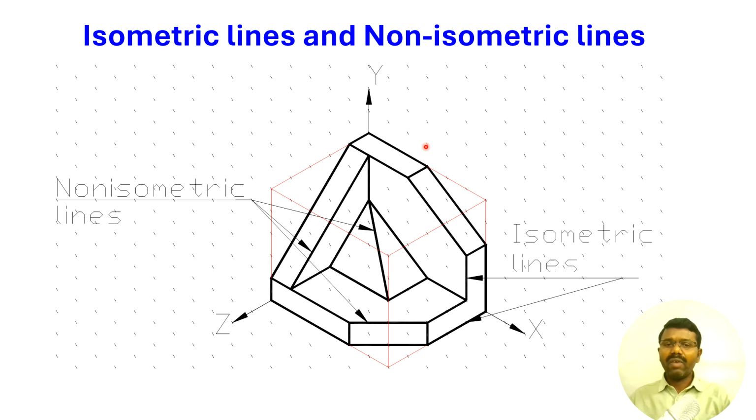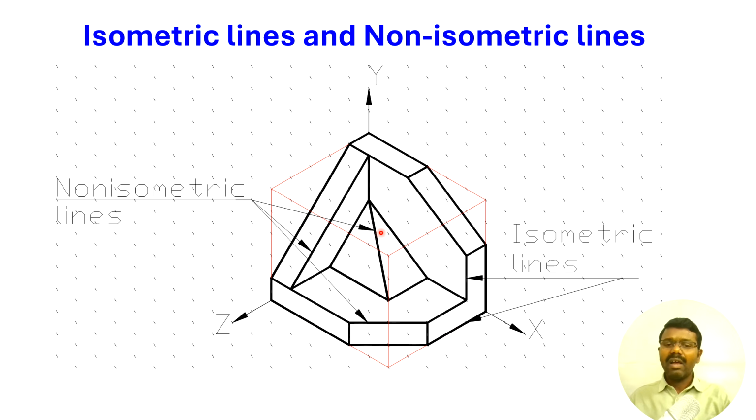That is why whenever in a top view, front view or side view an inclined line is visible, that means there is an inclined surface. If a curved line is visible in any one of the views, we can understand that there is a curved surface. And the skew surface, let us say this is the skew surface. The skew surface is not parallel to any one of the principal planes, and it makes some angle with all the principal planes.